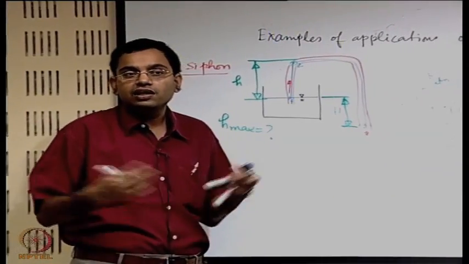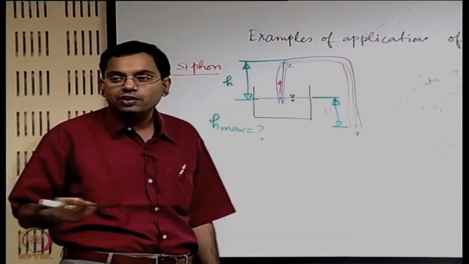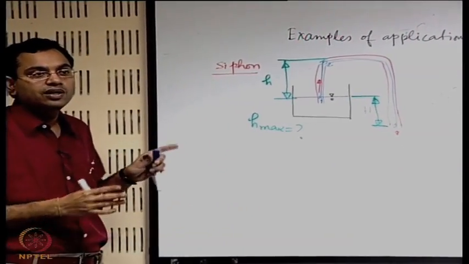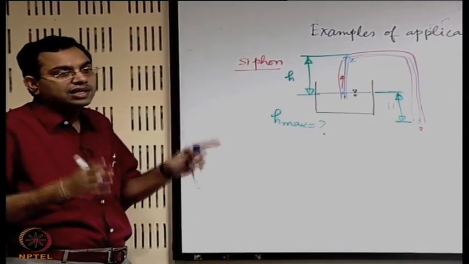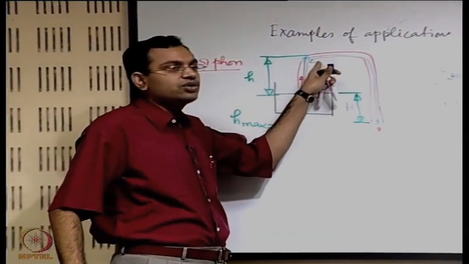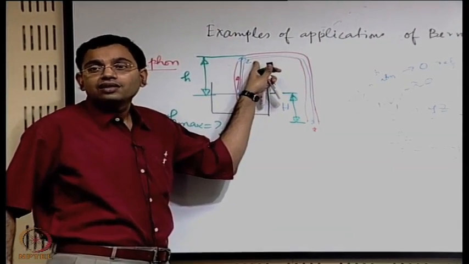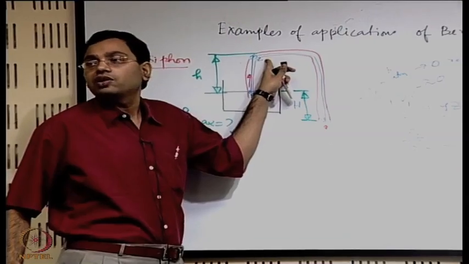We will see in detail what cavitation is when we will be discussing fluid machinery, which will be our last chapter in this particular course. So we will not go into the details of cavitation at this stage, but we have to keep in mind that it is better if we keep the pressure at 2 above the local vapor pressure, that is above the vapor pressure at that corresponding temperature, so that vapor is not formed.